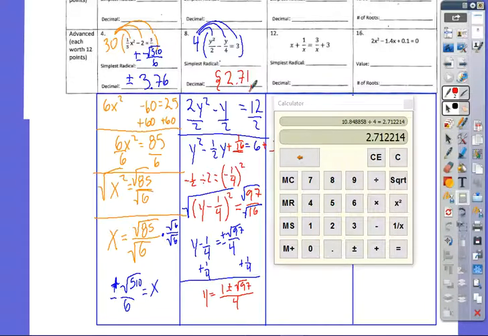But the square root of 97 can also be negative, and we would add to it 1 and divide by 4, which will give us negative 2.21. And so now we have our two answers. We have the simplest radical form answer, as well as the decimal equivalent rounded to the nearest hundredth.